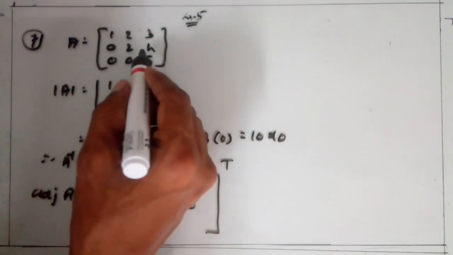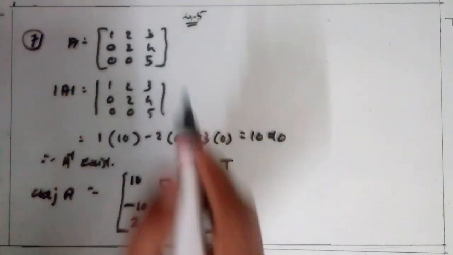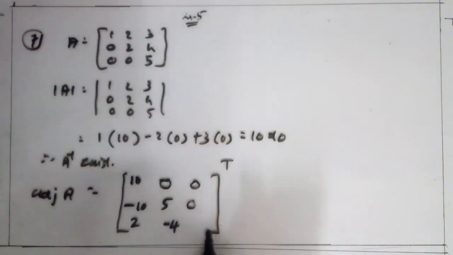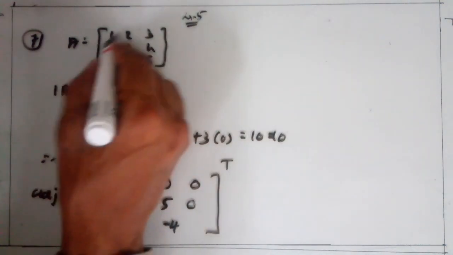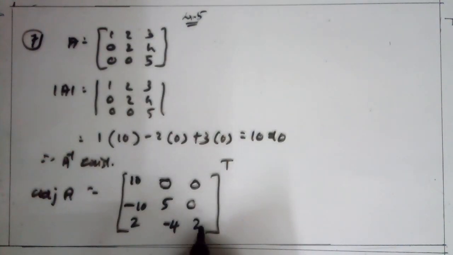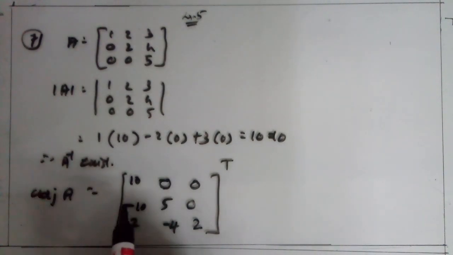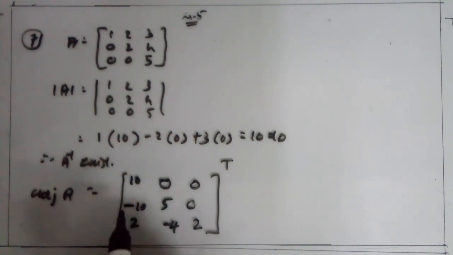Now for the cofactor of 0, remove this row and column, product of these two 4 minus 0, that is minus 4. Now for this 5, the cofactor is product of these two, 2 minus 0, that is 2. Clear this? So first we take the sign here, then get the values of the minor of each entry and write here. With the sign we get the cofactor directly.